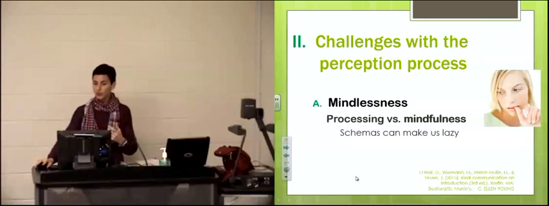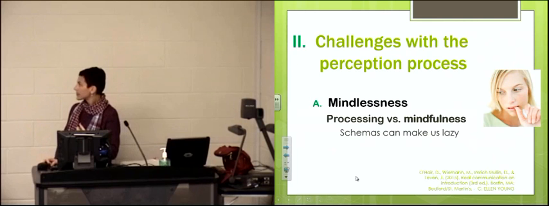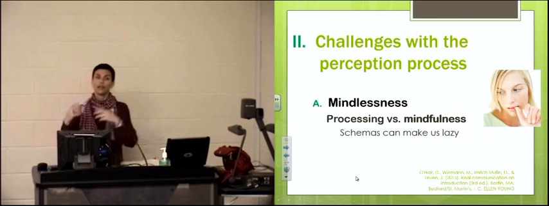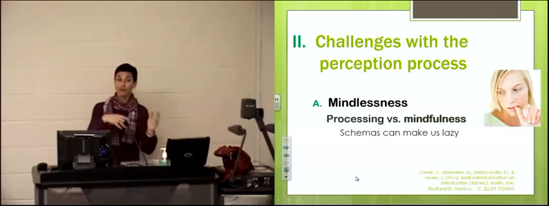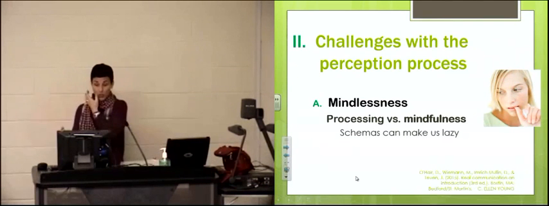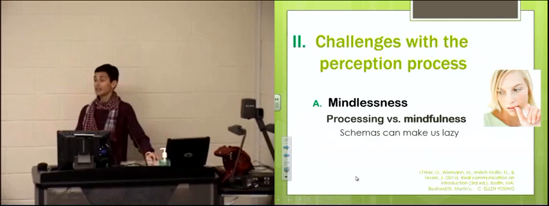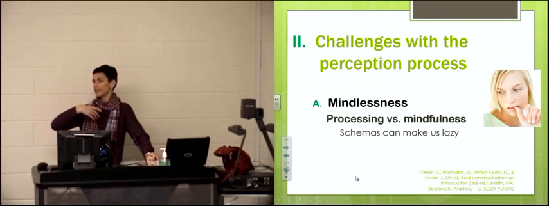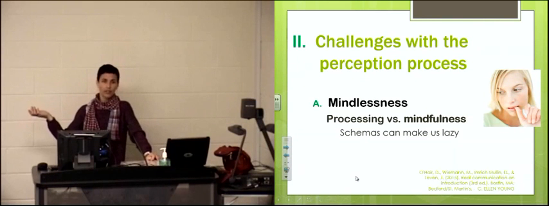Okay, challenges with the perception process. First one is mindlessness versus mindfulness. So not paying attention to the processing versus actually paying attention to what's going on. Our schemas can make us lazy, is what it boils down to. We don't really pay attention to the specific details about Kristen before we decide whether or not she's going to be in our group.